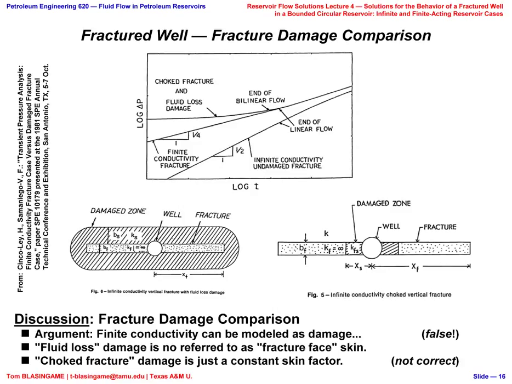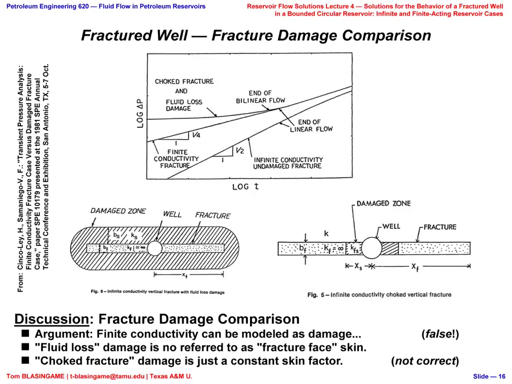There were people at the time that absolutely, positively did not believe that a finite conductivity vertically fractured well solution existed, that you could create a fracture, fill it with proppant, and that had any physical relevance. They thought it was either infinite conductivity or uniform flux. And don't bother me with the facts. You guys understand what that means?